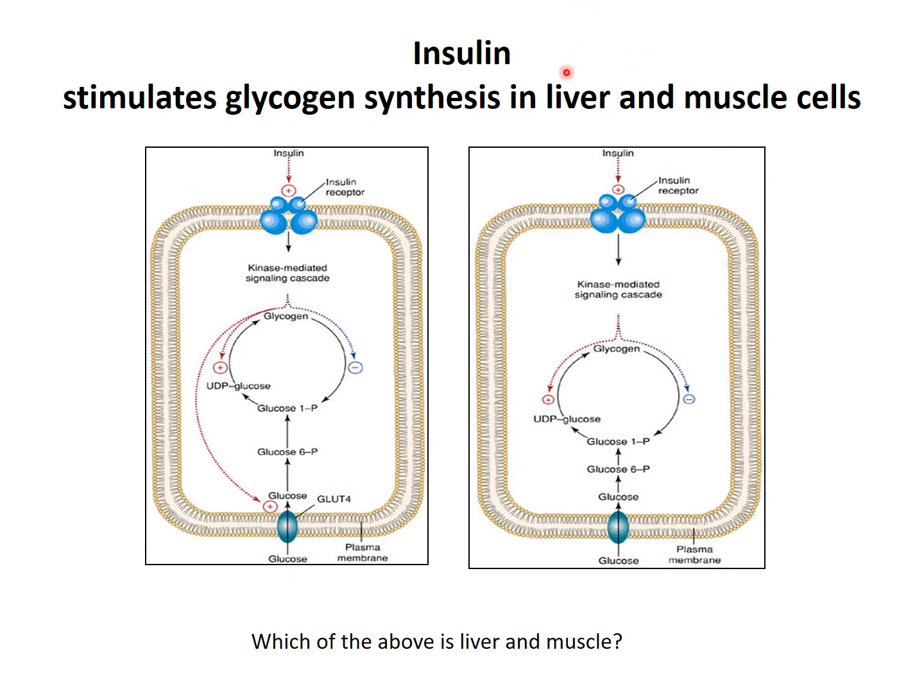Opposite, insulin. First, I am asking this question, which one of the above figures is liver and which one is muscle? Hopefully you did see the solution. GLUT4. GLUT4 is only in the muscle, not in the liver.